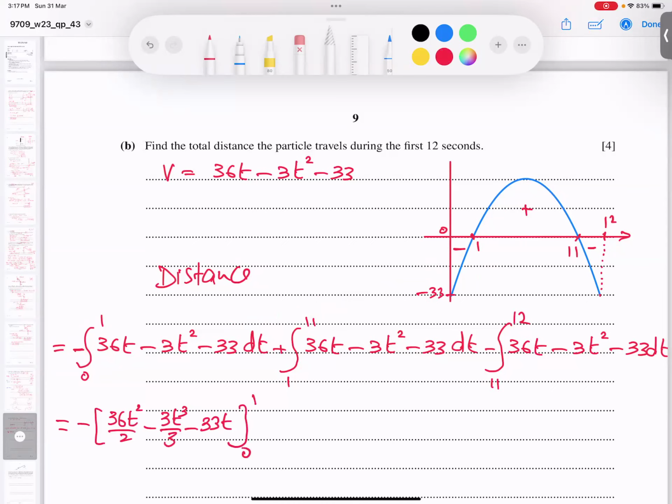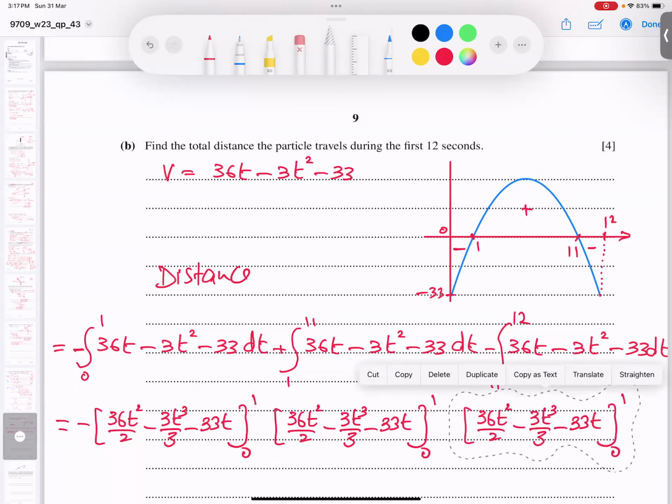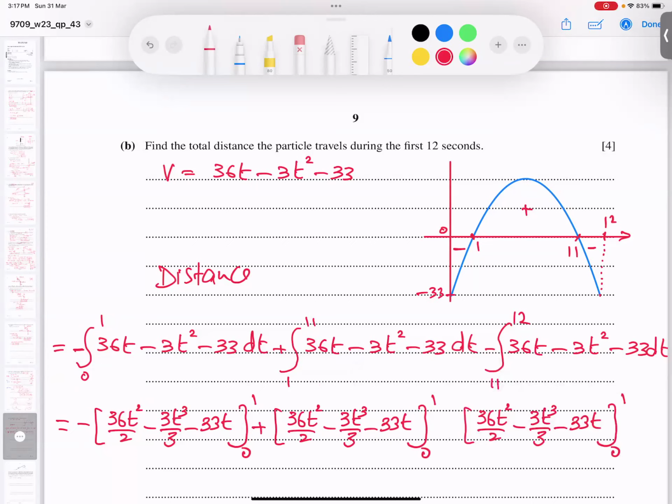I will not waste my time, because this will continue the same throughout. Here I put a plus sign, here I put a minus sign, and the limits are different: 0 to 1, 1 to 11, and 11 to 12.